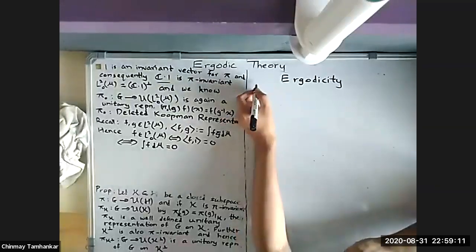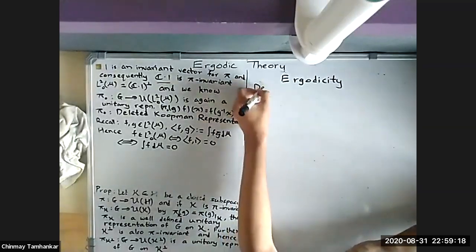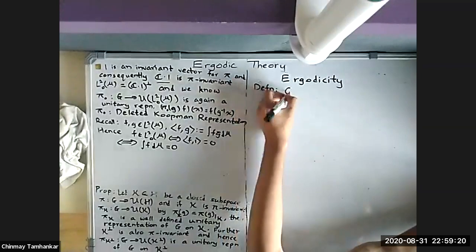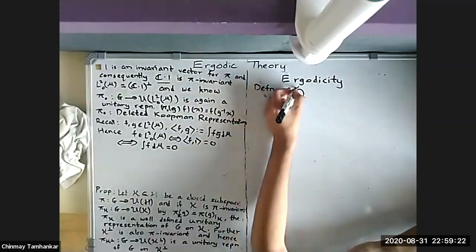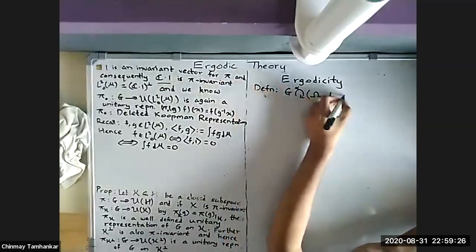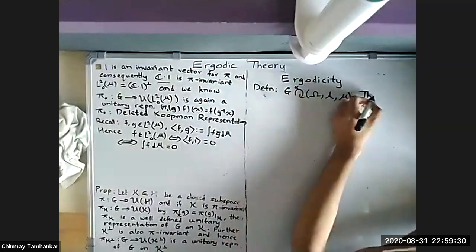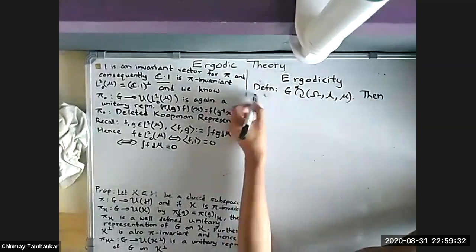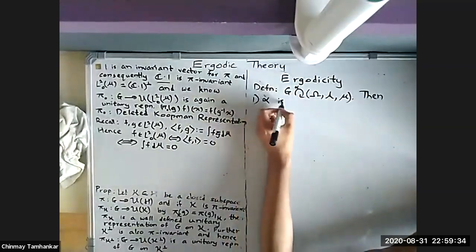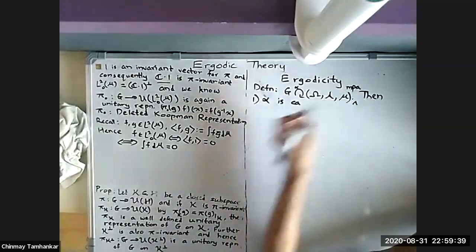Again we have now a measure preserving action alpha on a probability space.